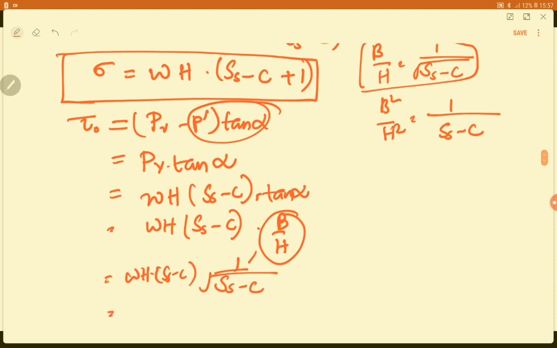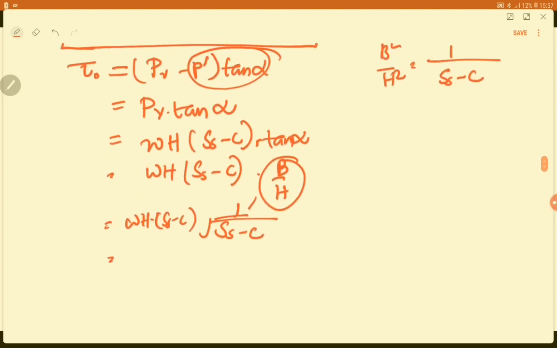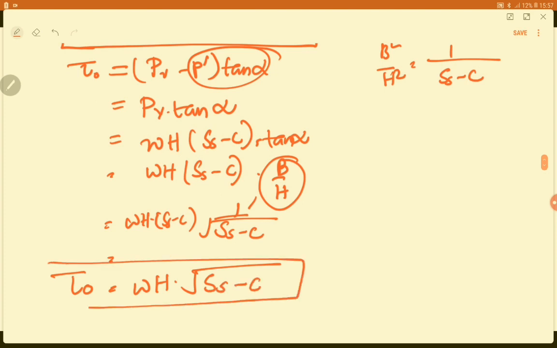The equation will become toe knot is equal to WH into root of SS minus C. This is the equation for the shear stress near the base of the toe. So, you have two equations here: first one is the principal stress equation and the shear stress equation.